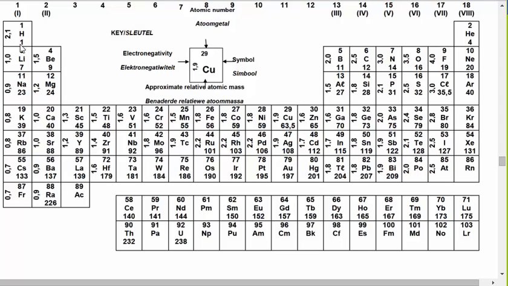So basically what we are saying is, how many hydrogen atoms must we have to have 1 gram of hydrogen? So 1 hydrogen, you can't even see hydrogen, that's how small it is.